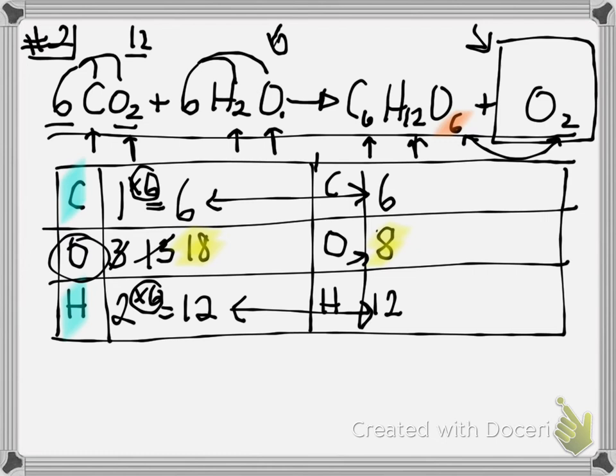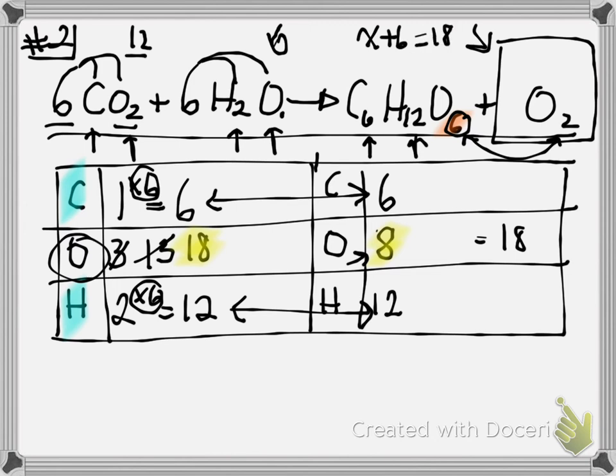So we want to have a total of 18. We want to end up with 18. We already have 6. How many oxygens do we need to get a total of 18? So it's basically what x plus 6 gives me 18. Well, that's going to be 12.